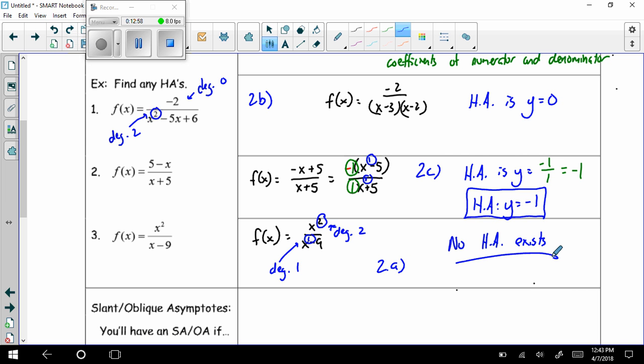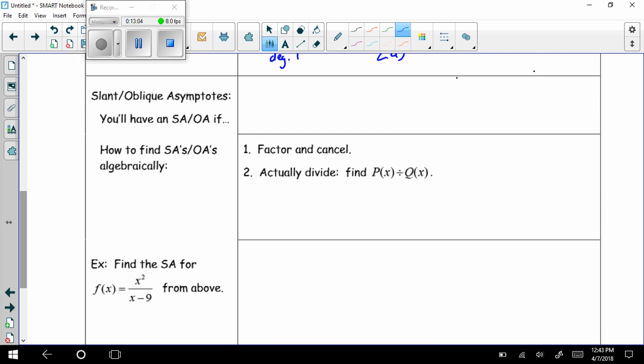Now, in situations like number 3, when we have no horizontal asymptote that exists, we do have a slant oblique asymptote. And so a slant oblique asymptote occurs if we have a polynomial of larger degree in the numerator.